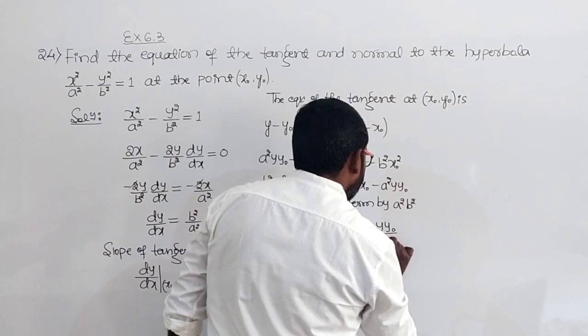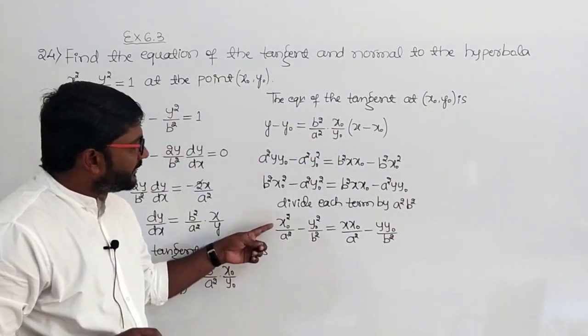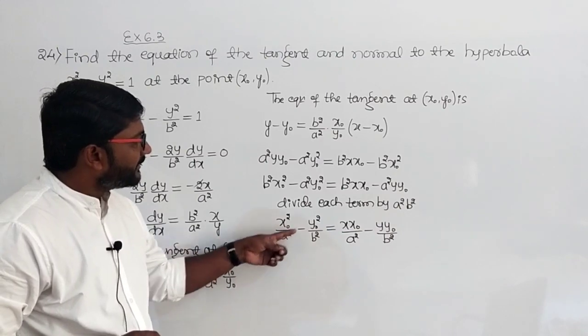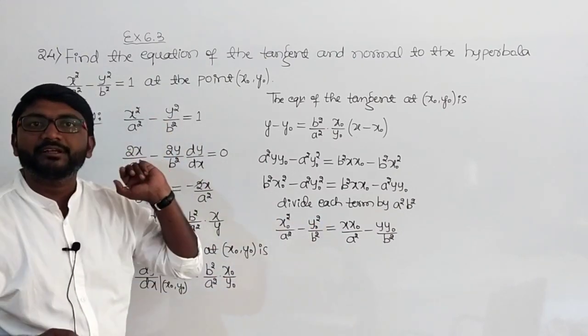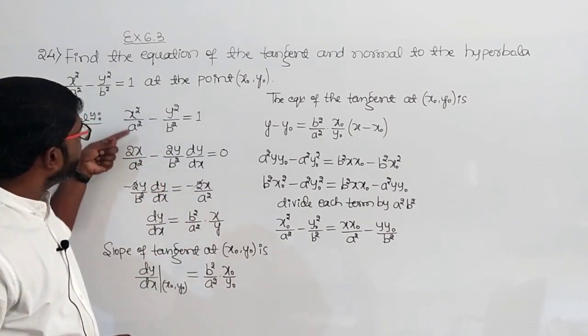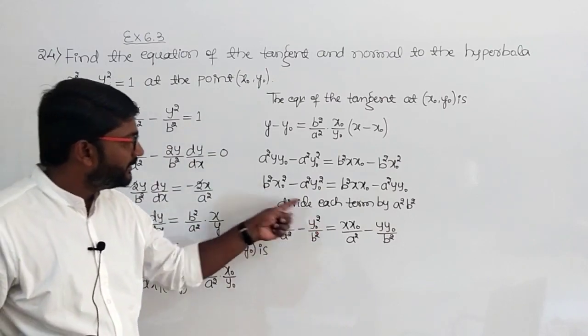divided by b square. So now what is x naught square by a square minus y naught square by b square? It is nothing but 1 from the given equation of the curve. See here, x square by a square minus y square by b square equal to 1. So this is going to be 1.